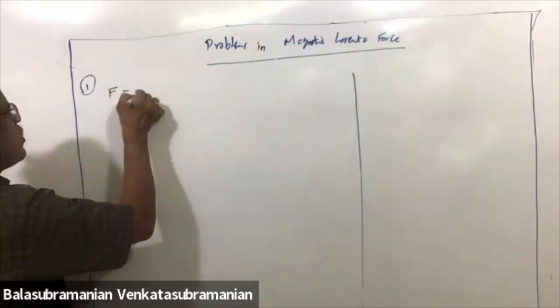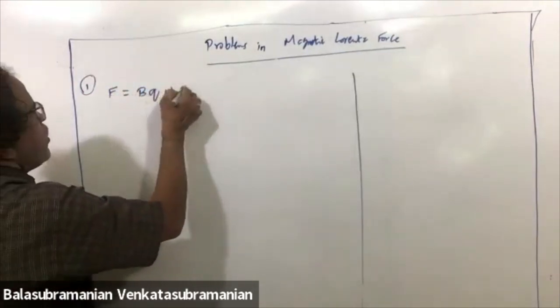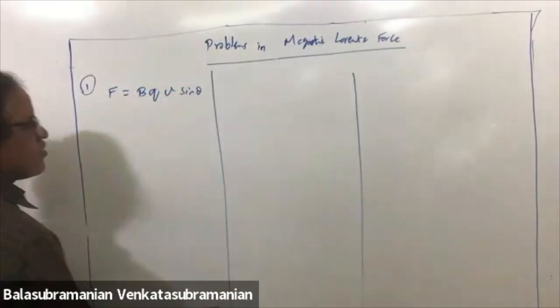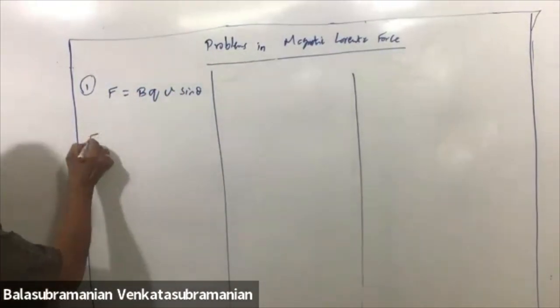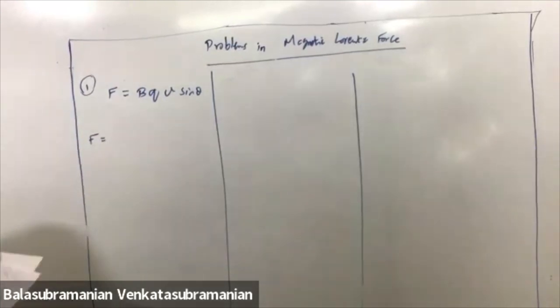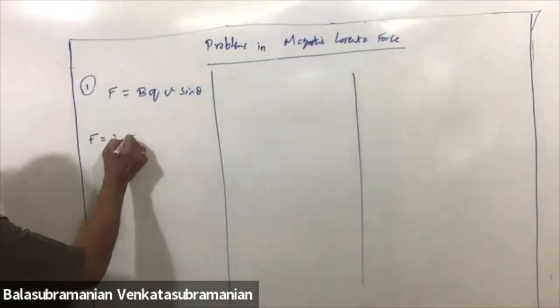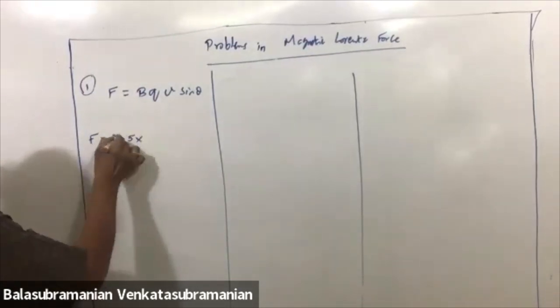F is equal to B q v sin theta. Value of B, magnetic induction or magnetic flux density, is 2.5 Tesla.